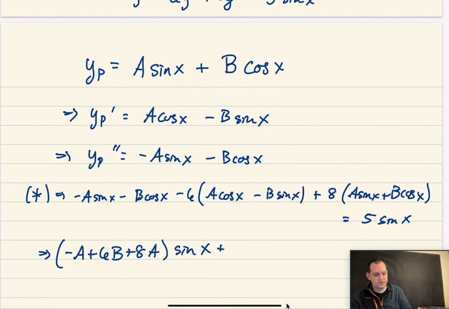For cosine terms, we're going to have minus b minus 6a plus 8b, times cosine x. And we want this to be equal to 5 times sine of x.